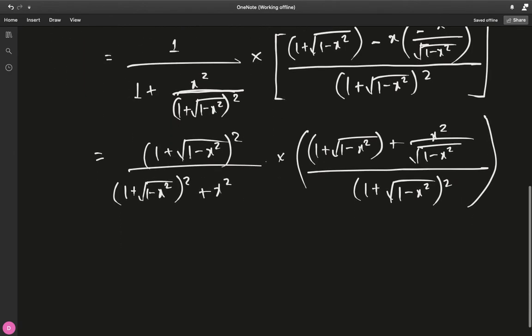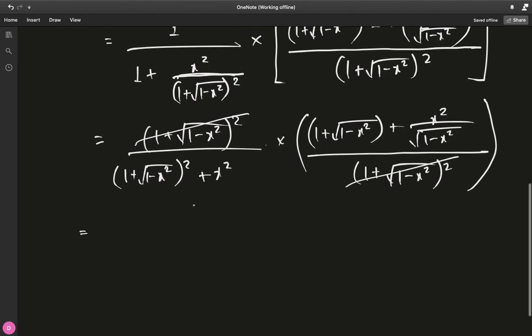Now the nice part is these nasty terms will cancel out. So we are left with 1 over, square this, 1 plus 2 times square root of 1 minus x squared plus this thing squared is 1 minus x squared plus x squared.